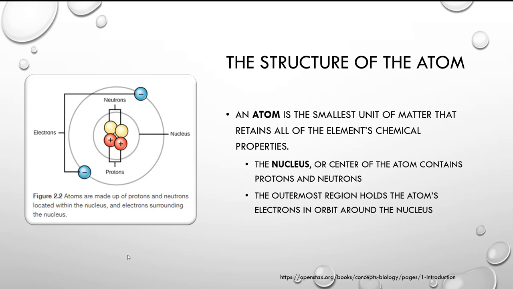And the protons have a positive charge, so their electric charge is positive, and then the neutrons have a neutral charge. Okay, so they don't have a charge. And then the electrons are electrically negative, so they are circulating around the nucleus in an orbit. Okay. So that is our atom here.